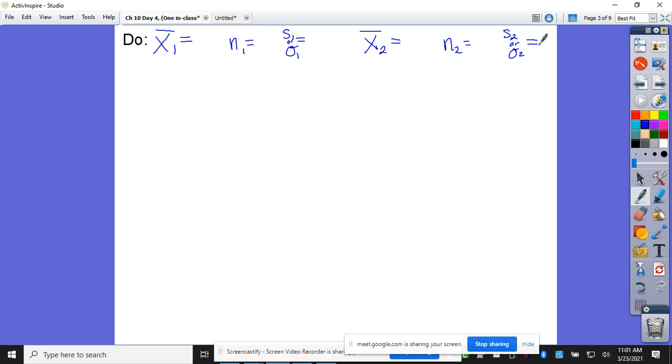And then what else, because it is a confidence interval? Confidence level. And what else? What?